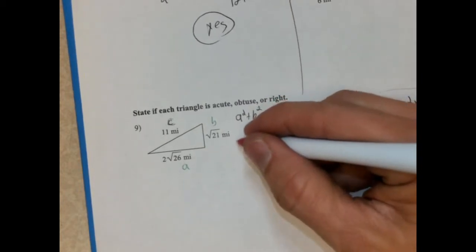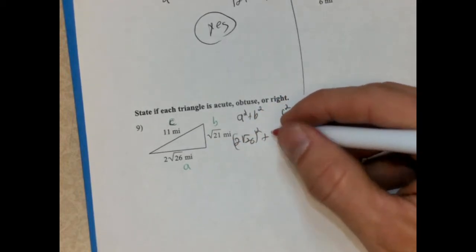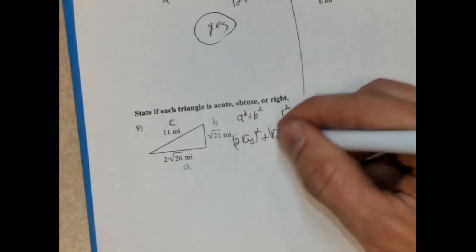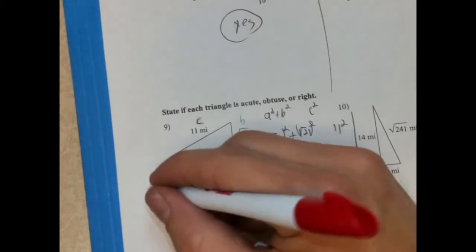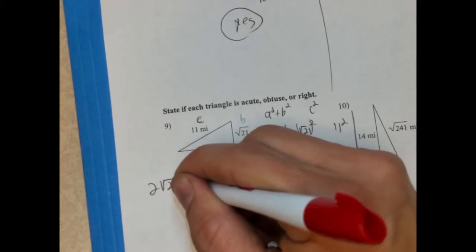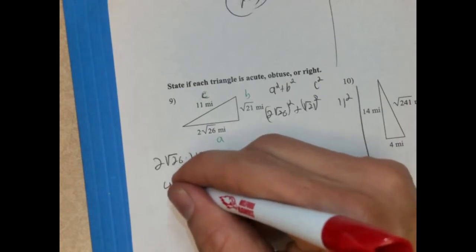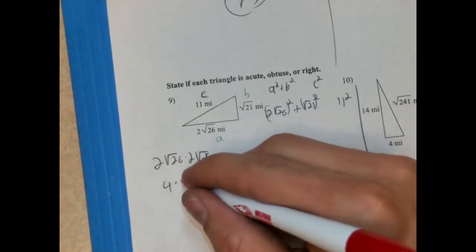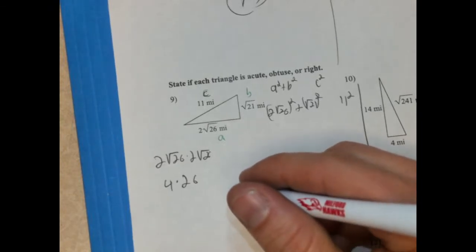So A squared is going to be 2 radical 26 squared plus radical 21 squared, and 11 squared. So 2 radical 26 times 2 radical 26. So 2 times 2 is 4, and radical 26 times radical 26 is 26. And 4 times 26, I think that's 104?